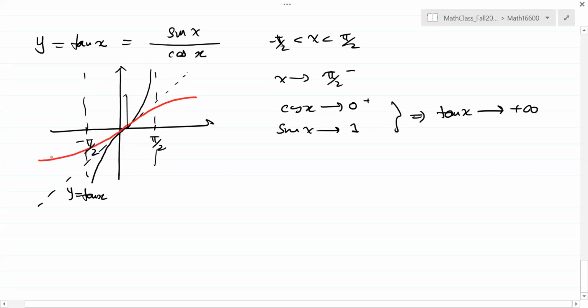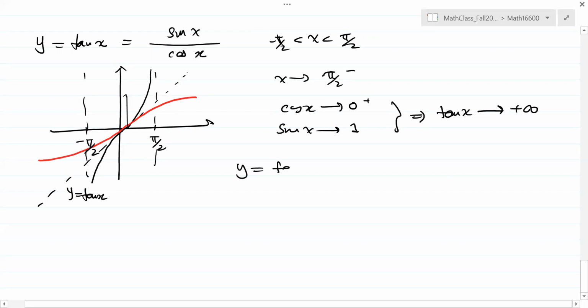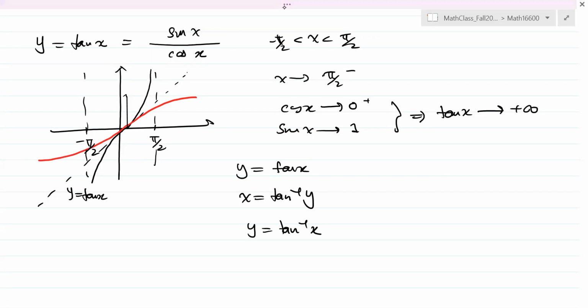You see? So let me complete all the arguments. So y equals tangent x. Then you solve for x in terms of y. Then you interchange the variables. And as you interchange the variables, I'm going to change the color. I prefer the red color.